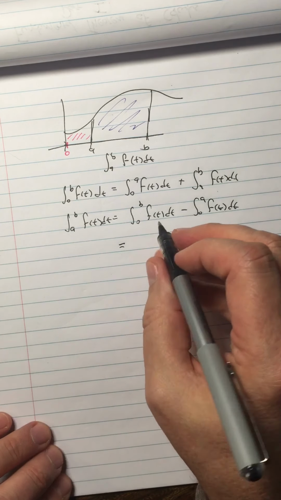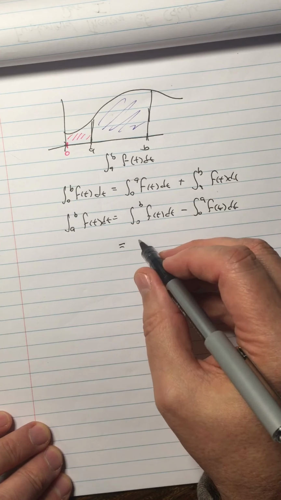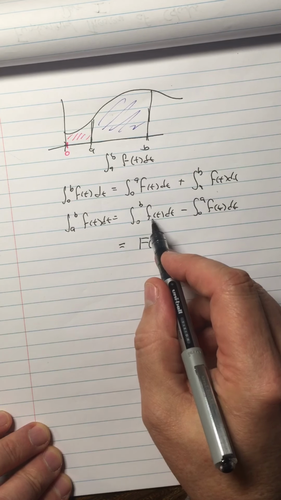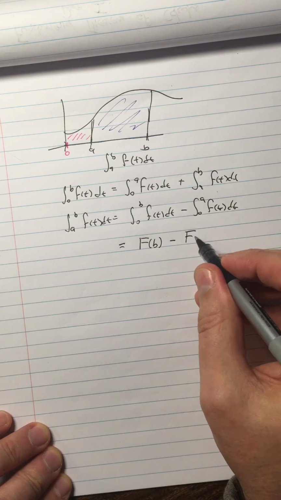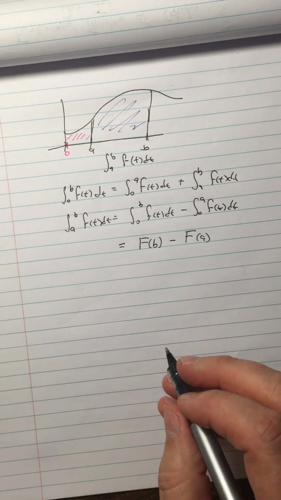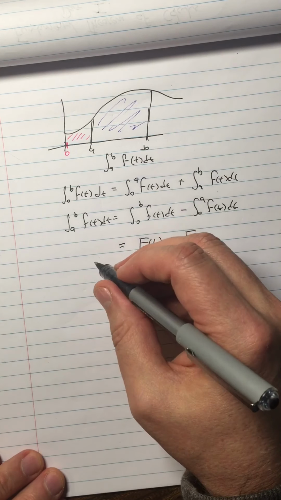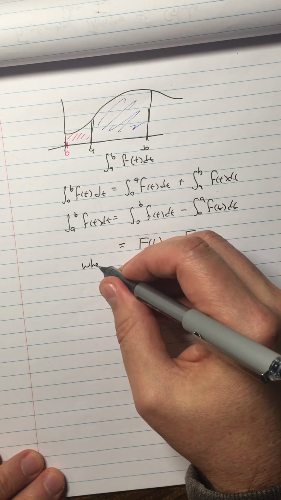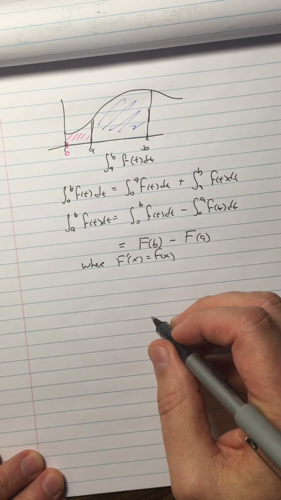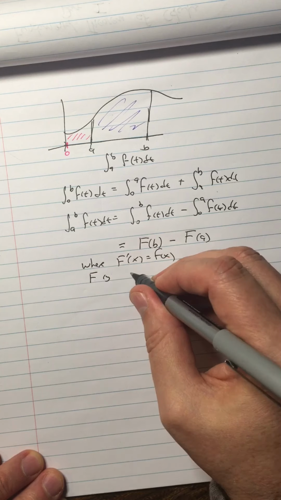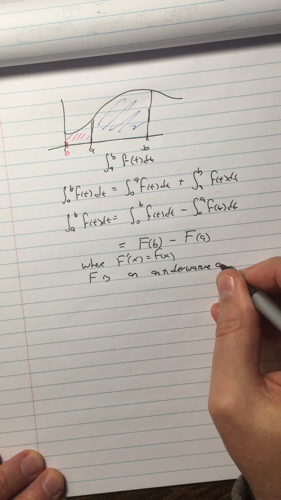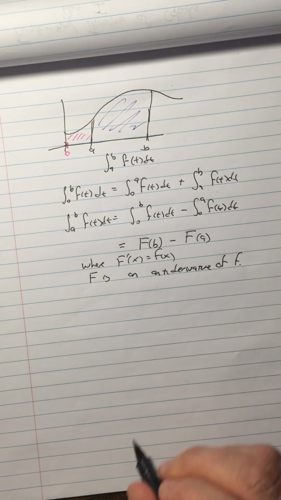So what we now know is that this is equal to capital F of b, where F is an antiderivative of f, minus capital F of a, where F is also an antiderivative of f. Let me add in where F prime of x equals f of x. Another way of saying that is F is an antiderivative of little f.